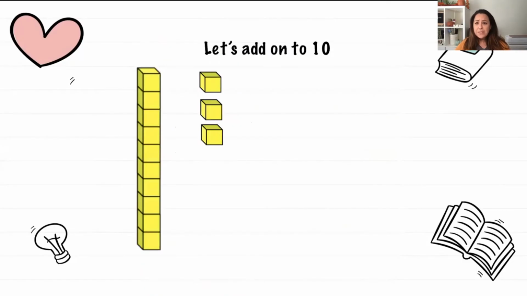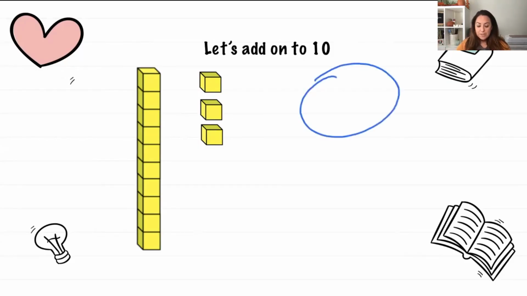So let's look at some examples right here. Let's add on to 10. I'm looking at this thing right here, and I know that that is a 10. We've been learning that since kindergarten and first grade. Now I'm going to add 3 more onto this. I can make a bond if I want to, but remember on this one, since we're working with 10, it's not going to be a 10 on the top.